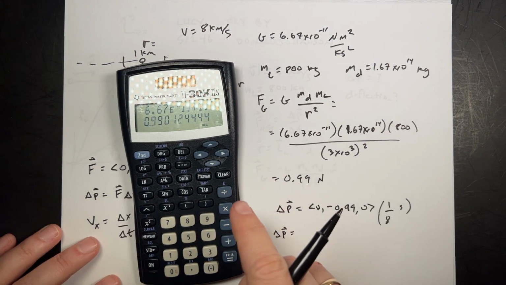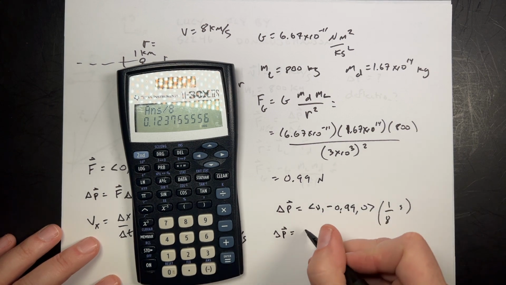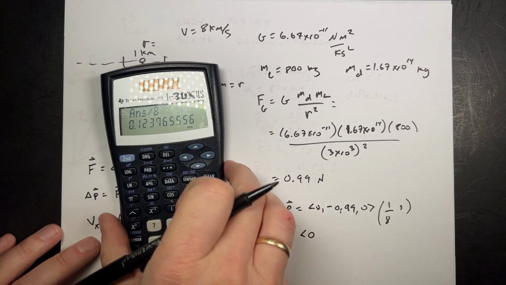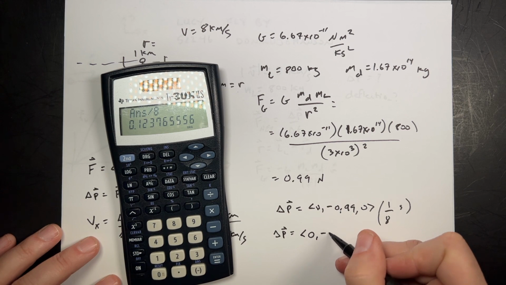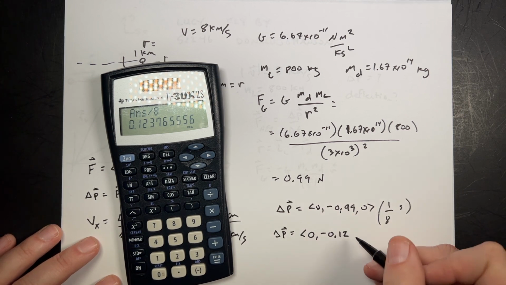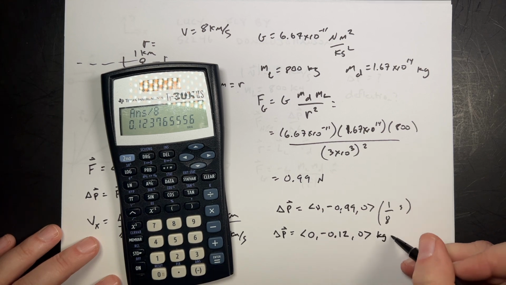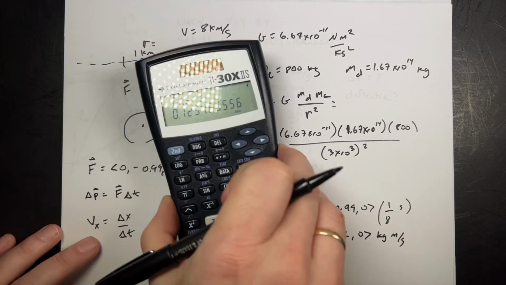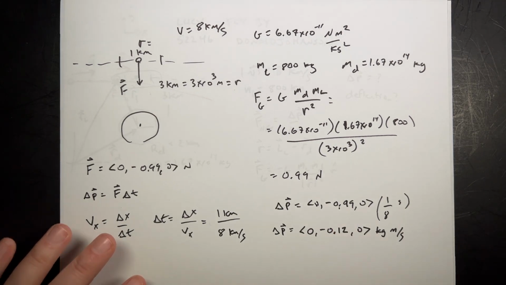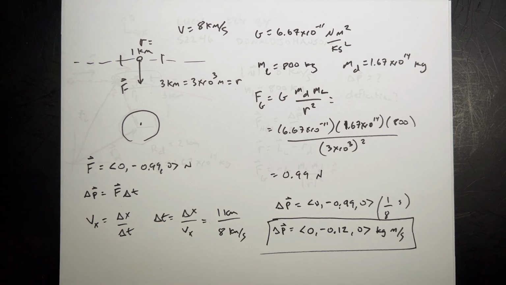Divide by 8 equals. So I get 0, negative 0.12, I'll leave it at that, 0 kilogram meters per second. That is in kilogram meters per second, right? Because of the way I did that. So that's my change in momentum, which is not very large.